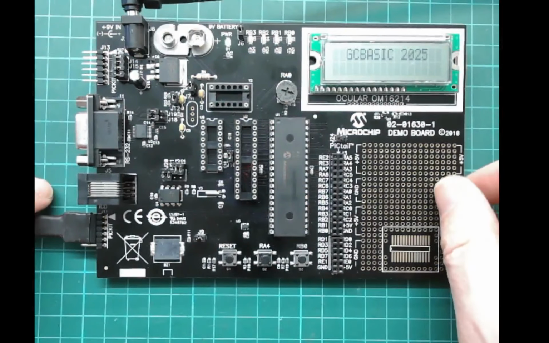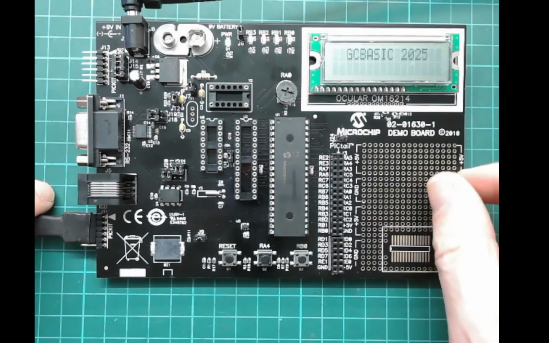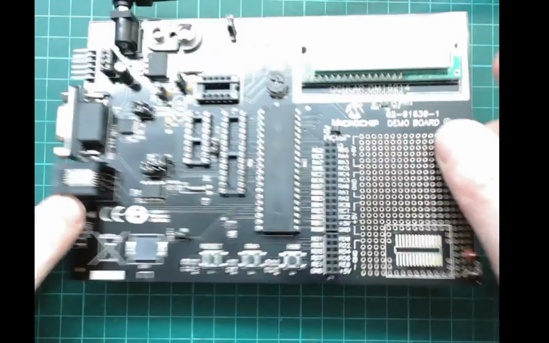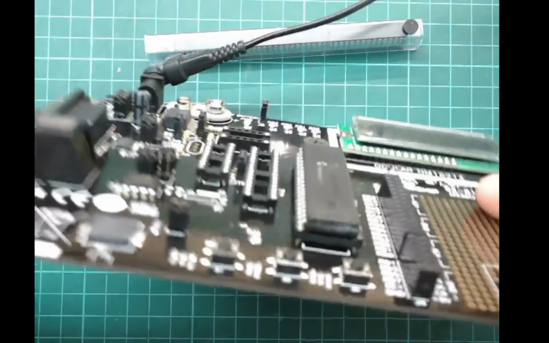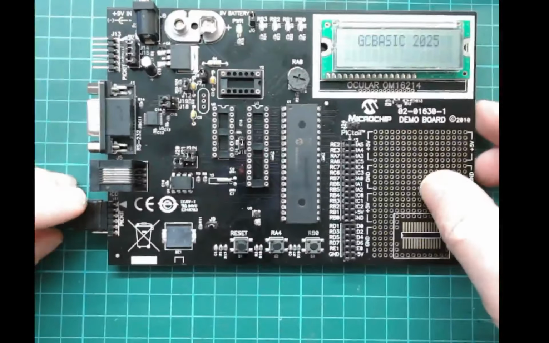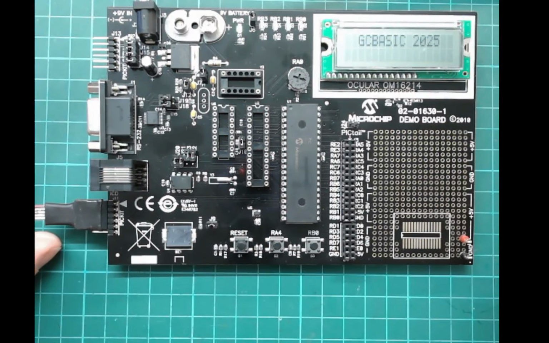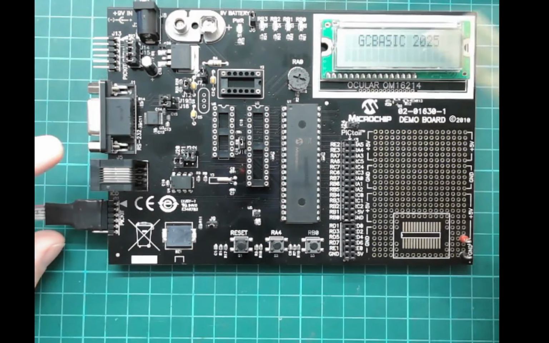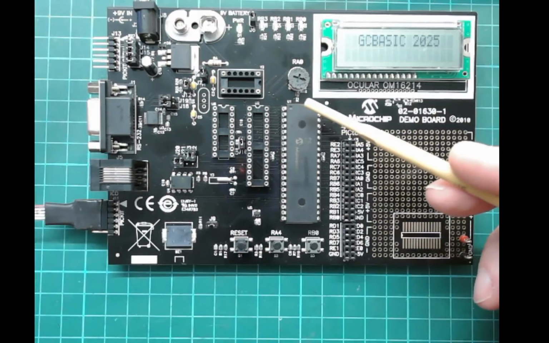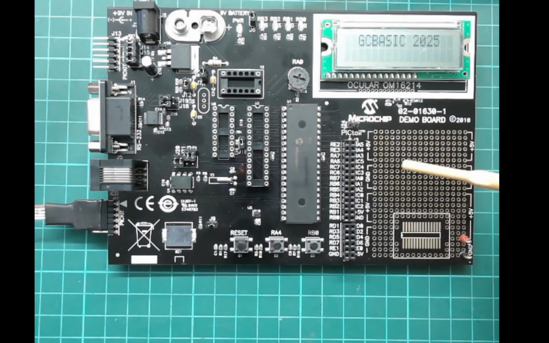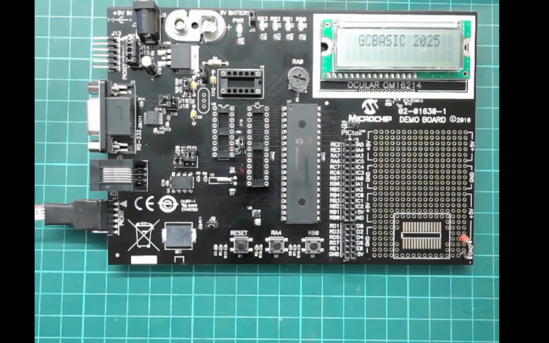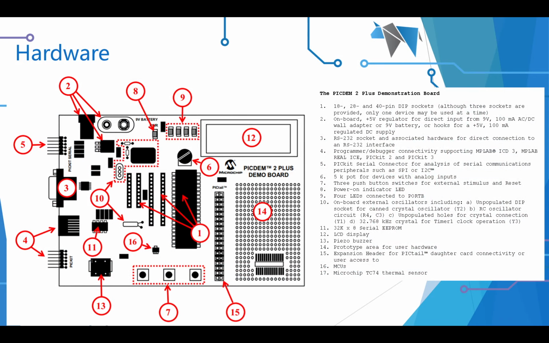This was sent, I think this cost the guy, let me have a look at the bottom of it, 16 British pounds, which is nothing. So do not think that these old boards are worthless. These are worth a lot of money, and they're great boards to get off of eBay and other reselling platforms. So what have I got on here? I can put in an 18, 28, 40 pin microcontroller.